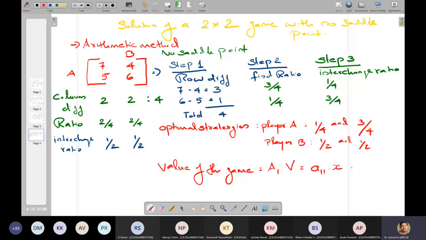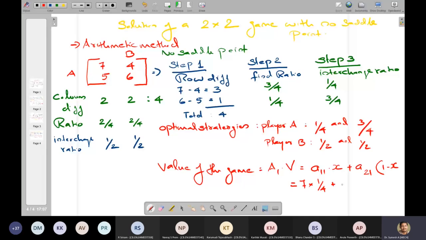So A11 is 7, so 7 into the X value. The X value is the first ratio for player A, that is 1/4. So 7 into 1/4 plus A21, which is 5. Sorry, it is 5.